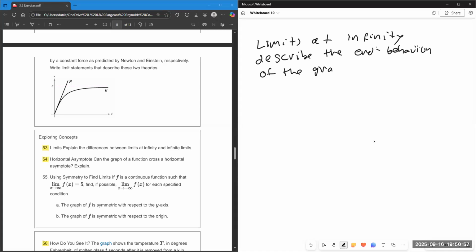So limit as x goes to negative infinity of f of x is your left end behavior, and limit as x goes to positive infinity of f of x on the right is your right-hand side end behavior.